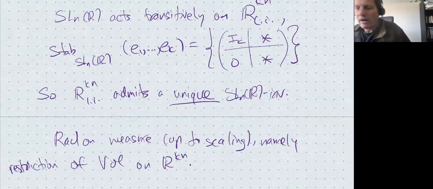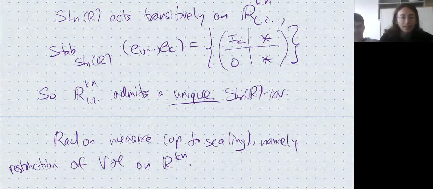We already know that when you have a group acting transitively on a space, then if there is a Radon measure, it's unique up to scaling. And I just showed you that SL_n(R) is acting transitively. So if there is a measure, it's unique up to scaling.